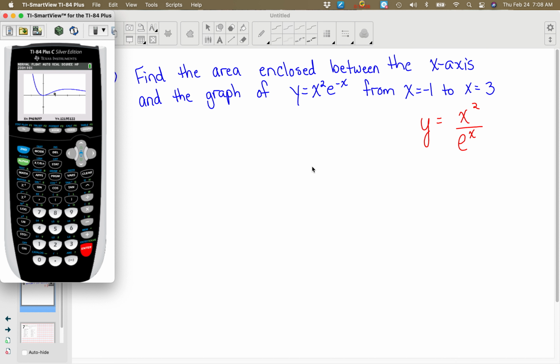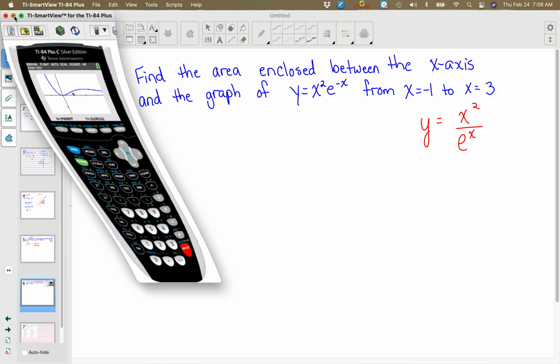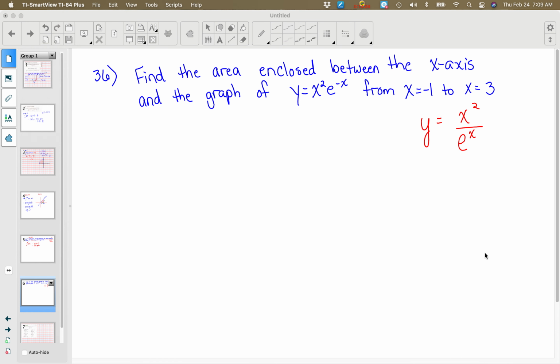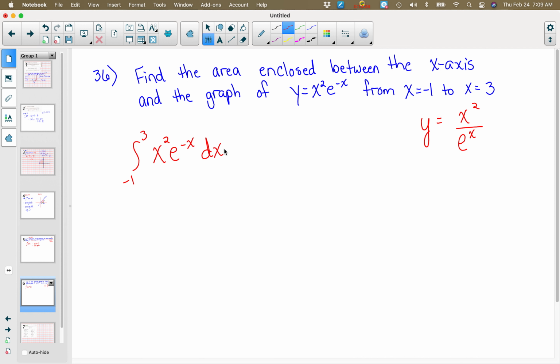So if we want to find the area, because we know that it's completely above the x-axis, then we can just integrate this from -1 to 3, x squared e to the minus x dx. This is a problem. As a matter of fact, the directions say to use fnInt to do that.